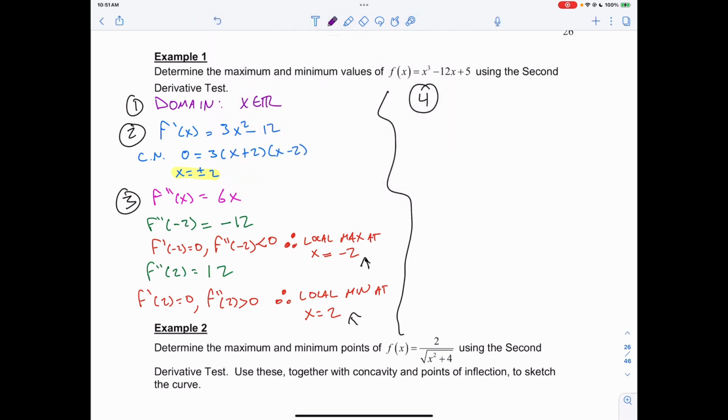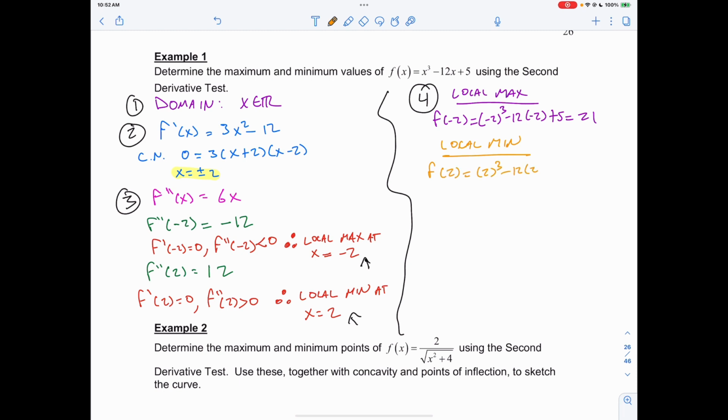So I'm going to start by solving my local max, and that's going to be f of negative 2. I'm going to sub it in: negative 2 cubed minus 12 times negative 2 plus 5 is going to give me 21. There's my local maximum. Now I'm going to solve my local minimum. Take f of positive 2, and that's going to give me 2 cubed minus 12 times 2 plus 5, which is going to give me negative 11.